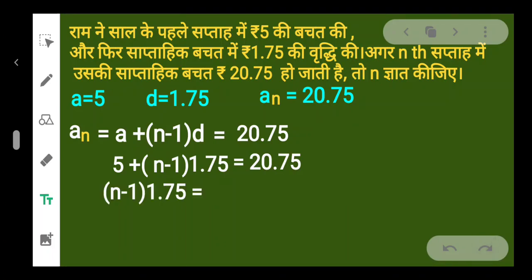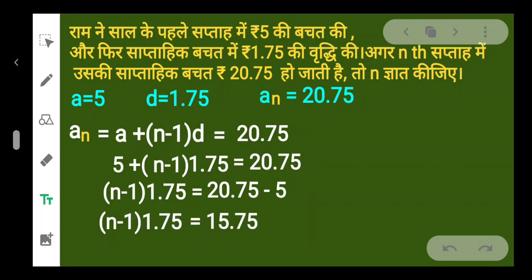Now N minus 1 into 1.75 may be written as 20.75, and this 5 comes here with a negative sign after transposing the terms. N minus 1 is equal to 15.75 divided by 1.75.